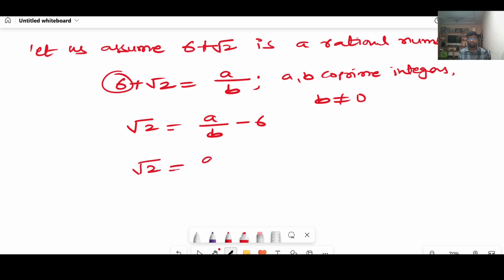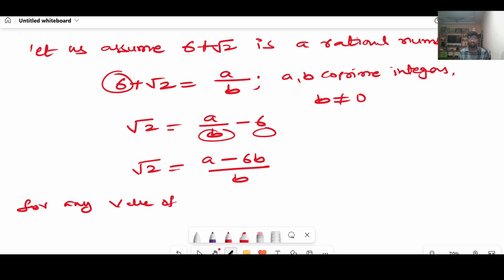Root 2 equal to a minus 6b by b, if you take LCM for the denominator, right? Now in the right hand side, for any value of a, b, a minus 6b by b is rational.